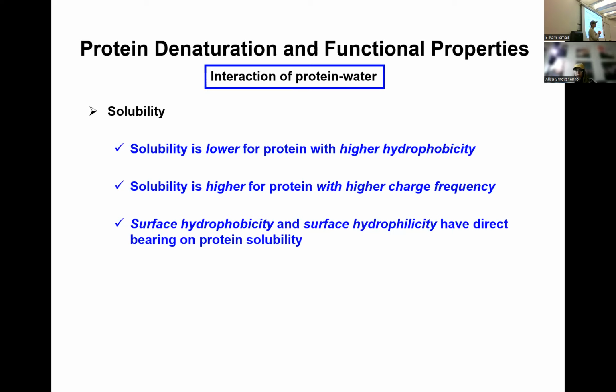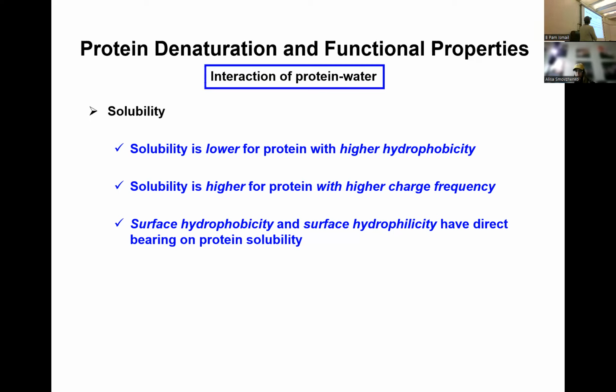And that's what makes them form these large quaternary structures. So 11S is a hexamer, so it associates, whereas beta-lactoglobulin is a monomer or dimer, depending on the pH.